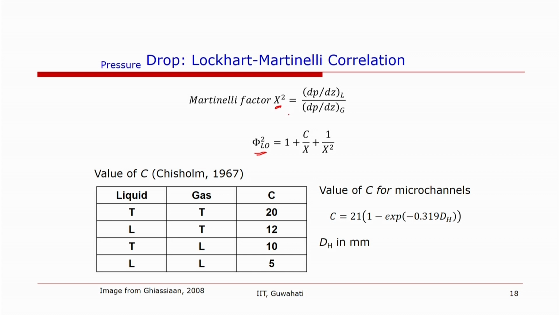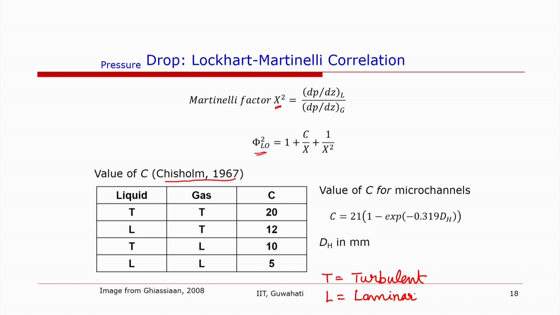Now, the value of C. Chisholm gave a table, where T stands for turbulent and L is for laminar flow.